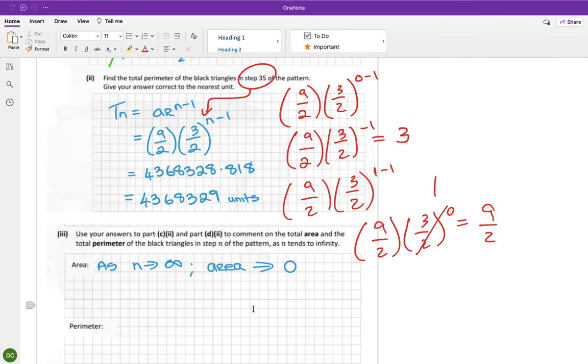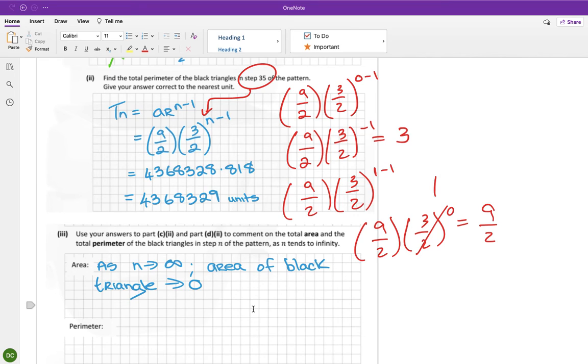Sorry, I should be a little bit more specific. The area of the black triangle approaches 0. So as you continue taking triangles out, the area of the black triangle approaches 0. And the perimeter, it seems, like the perimeter in the first one was 3, the perimeter in the second one was 4.5.